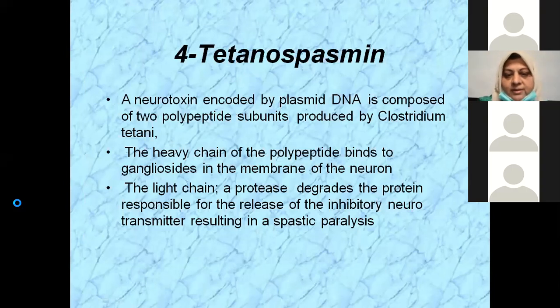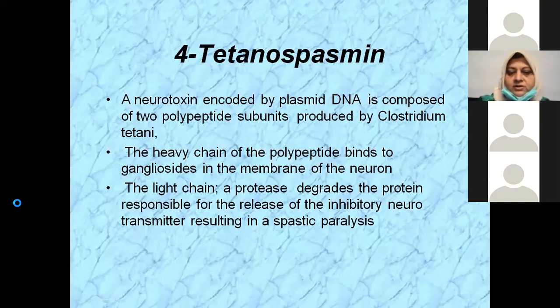The fourth example is the tetanus toxin. Have you heard about tetanus? Many of you must have been vaccinated for tetanus. It is included in the program of immunization. So it is a neurotoxin which is produced by Clostridium tetani, which is the causative agent of tetanus.